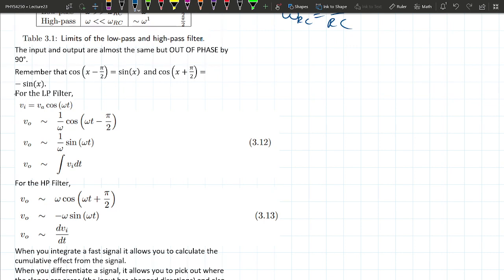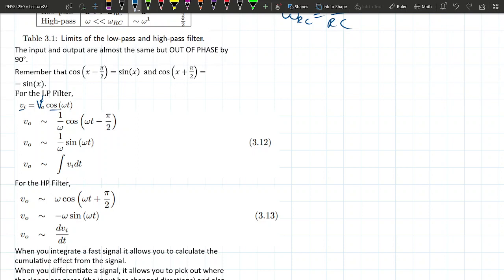But the wave behavior is that if my input wave is just some amplitude times, so this should be capital V, the book is just being inconsistent, cosine of omega t with some frequency omega, the output for a low pass filter is going to be the same thing but shifted back by 90 degrees. That means we can change this into a sine function.